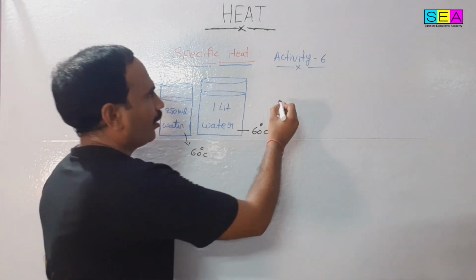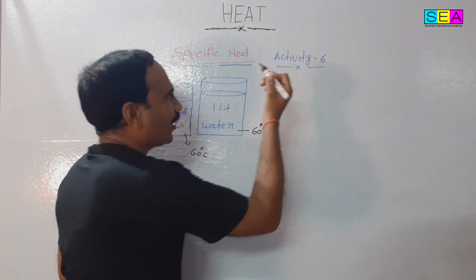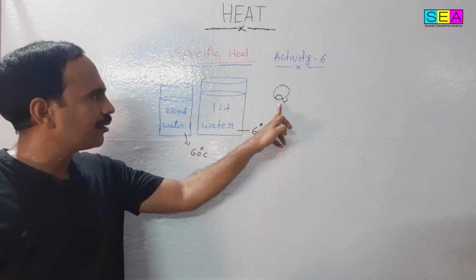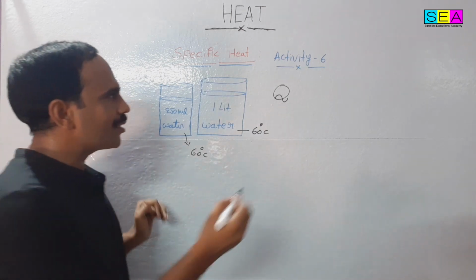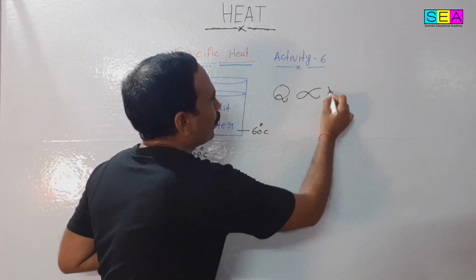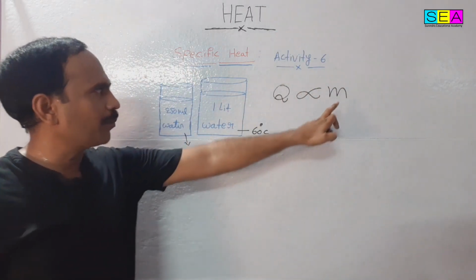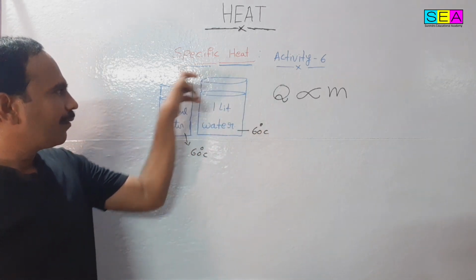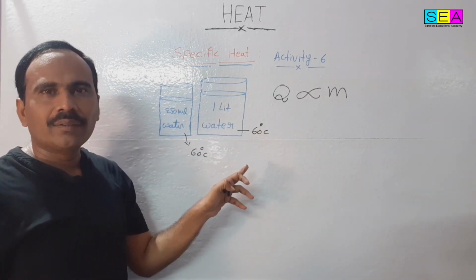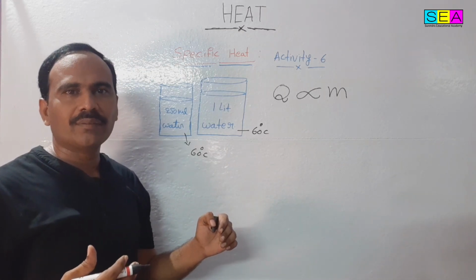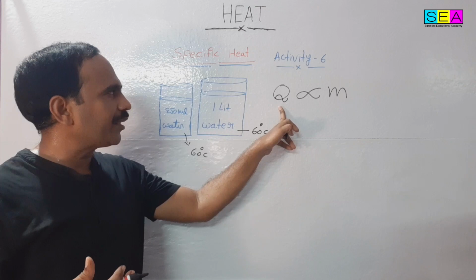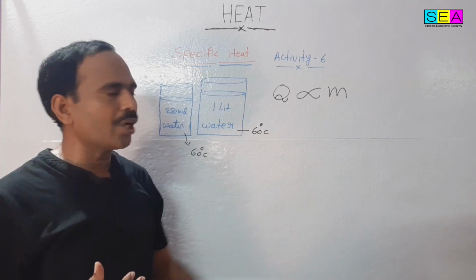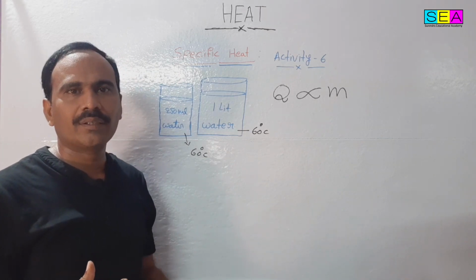That means the quantity of heat absorbed by the substance, denoted with a Q, is directly proportional to the mass of the substance, which is denoted with M. So for the same change in temperature, the quantity of heat energy is directly proportional to the mass of the object.